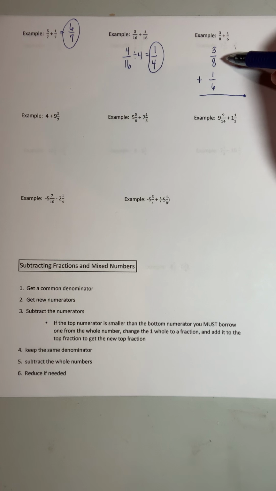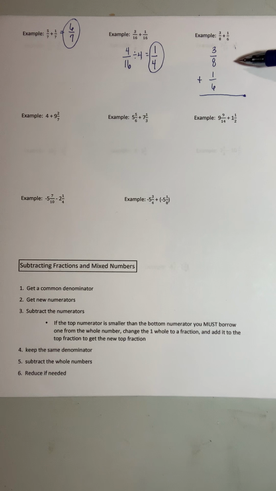So what you ask yourself is a number that both 8 and 6 can divide into evenly. And I always look at my smallest denominator, which is 8. And I say, can 6 go into 8? And the answer is no. So I know that it has to be higher than 8. So I think of all the multiples of 8, all the numbers that 8 can go into.